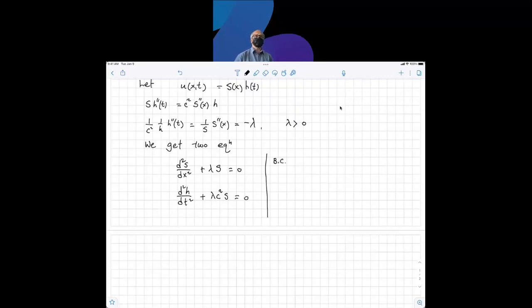And it is very clear: the boundary condition for S is S of 0 equals 0, S at L equals 0.